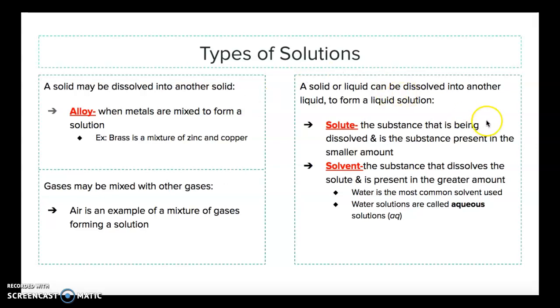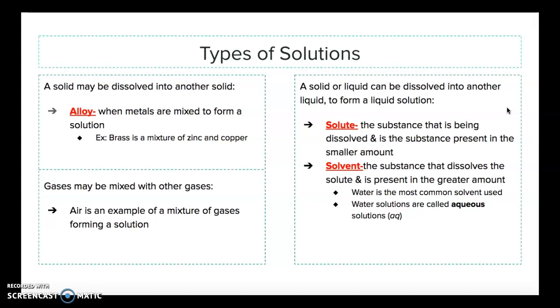And then the one we're really going to focus on in this unit is our solids or liquids being dissolved into another liquid to form a liquid solution. So we're going to be looking particularly at liquid solutions. And then some vocab words that you should be familiar with already are solute, which is the substance that is being dissolved, and it's typically the substance we have a smaller amount of.